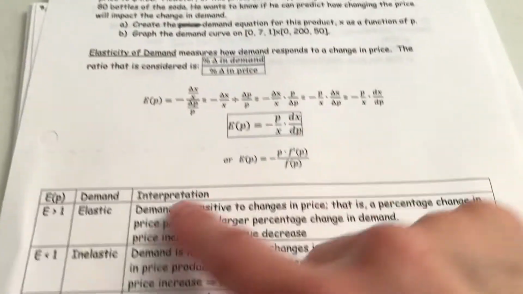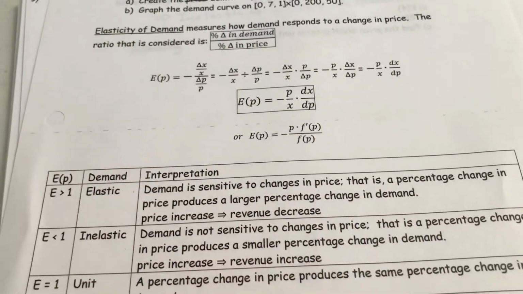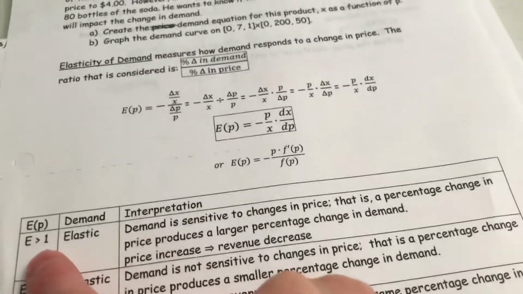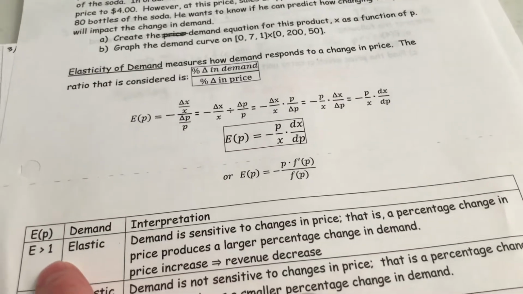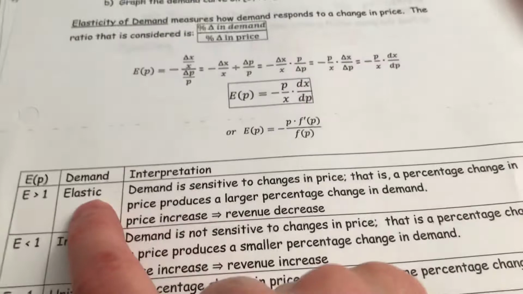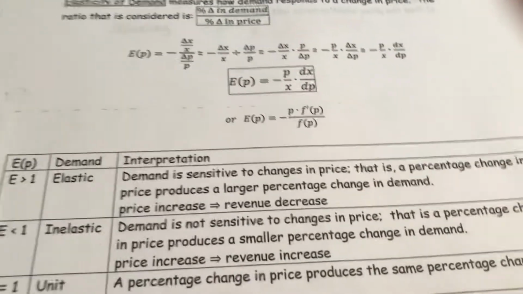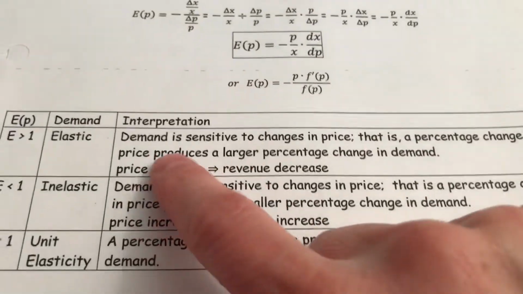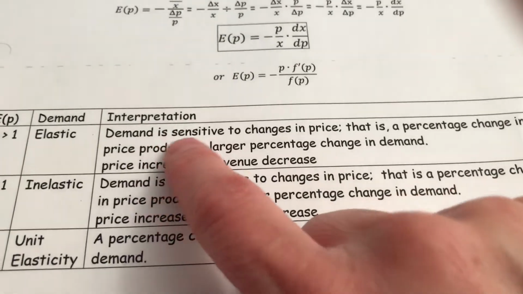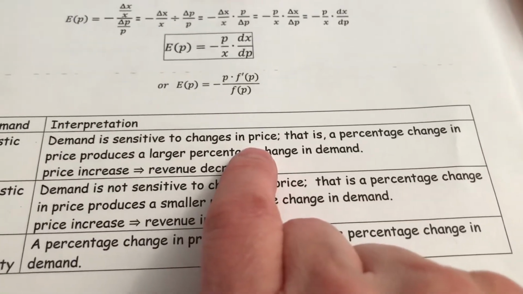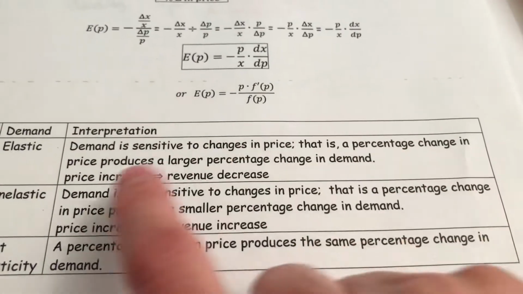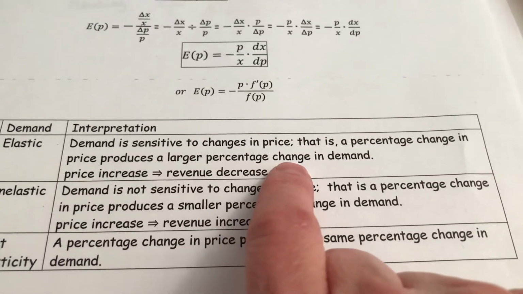once you calculate your E of P, if the elasticity is greater than 1, we say that the demand is elastic. So there's a large change in demand when there's a change in price. So demand is sensitive to changes in price. That is, a percent change in price produces a larger percent change in demand.